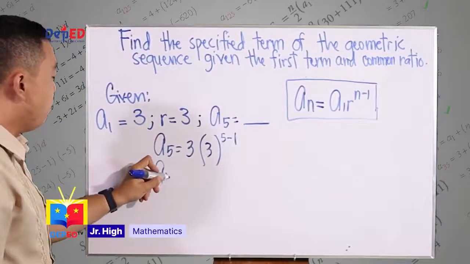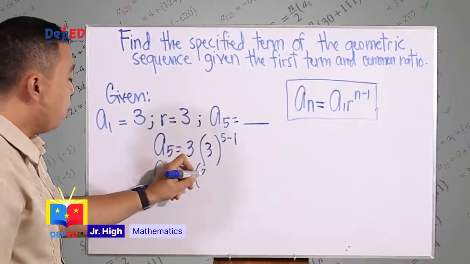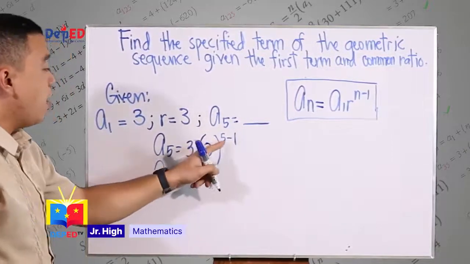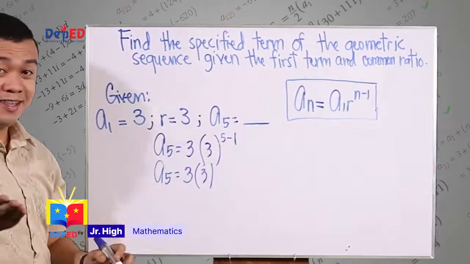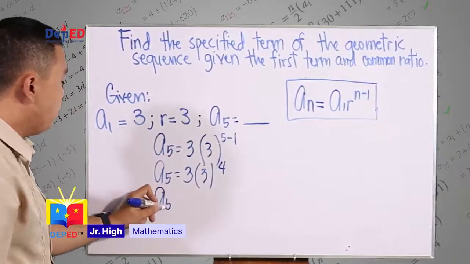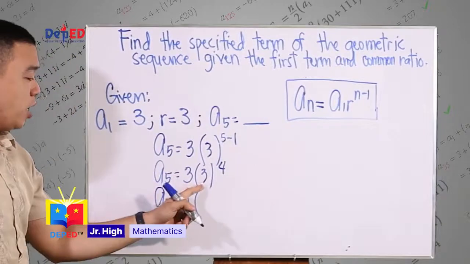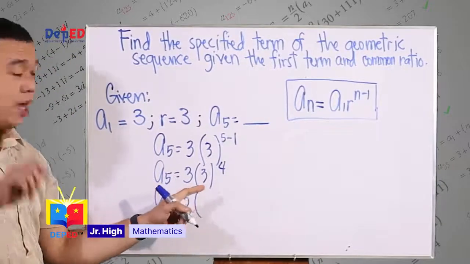Then you will have a sub 5 is equal to 3 times 3 raised to 5 minus 1 is, correct, 4. A sub 5 is equal to 3, then multiply 3 by itself 4 times.